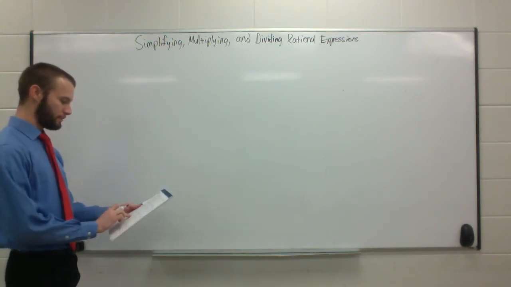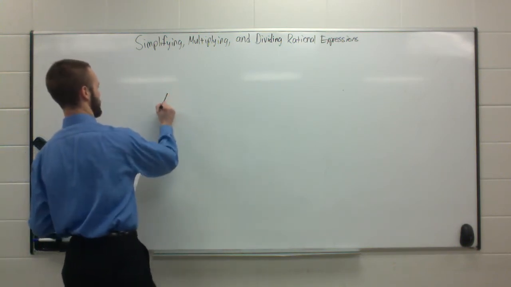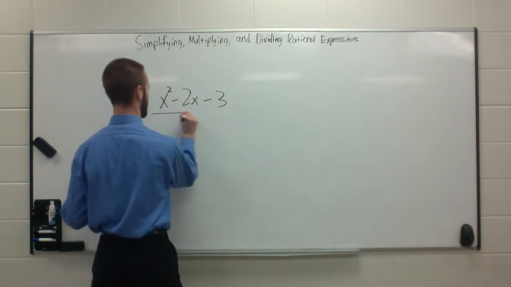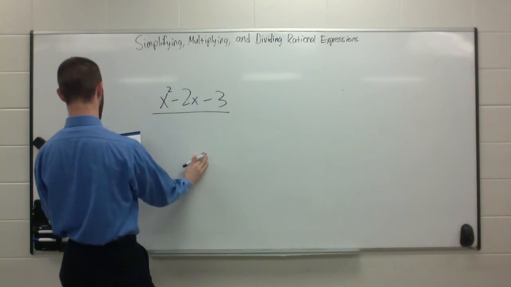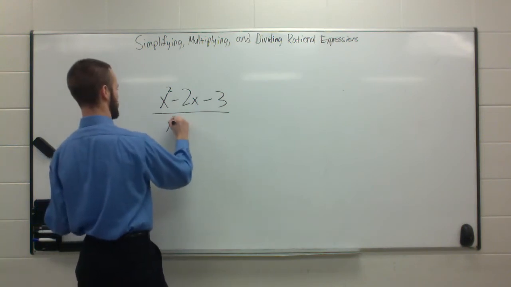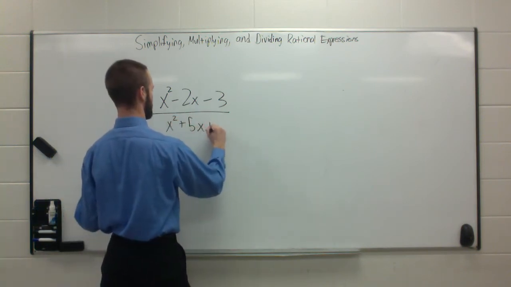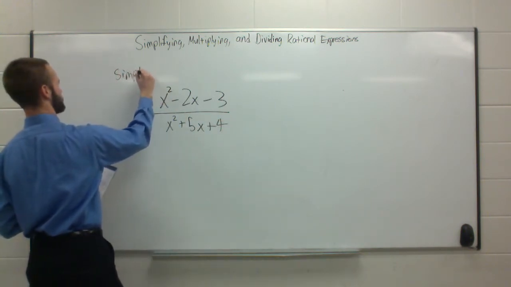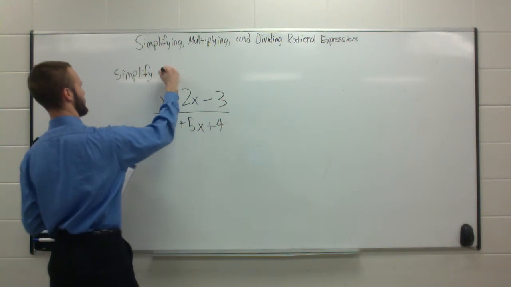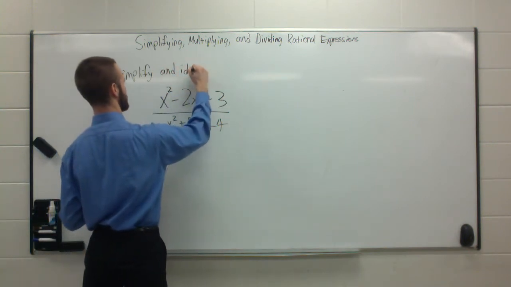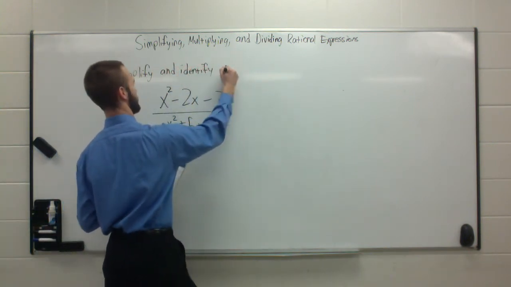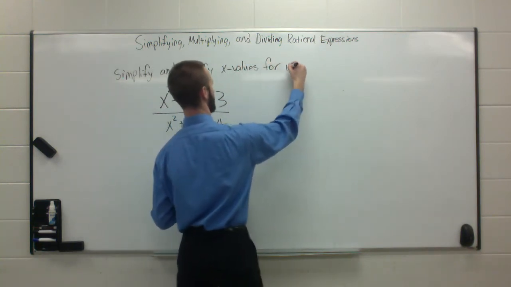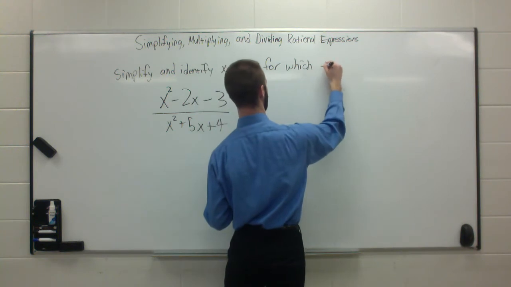For example, if we have x squared minus 2x minus 3 divided by x squared plus 5x plus 4, we want to simplify and identify x values for which the expression is undefined.